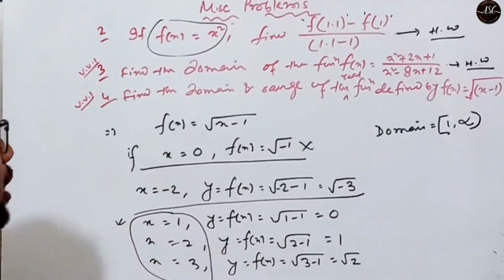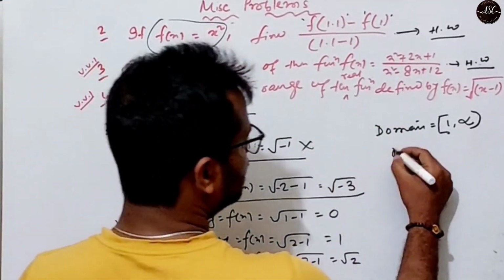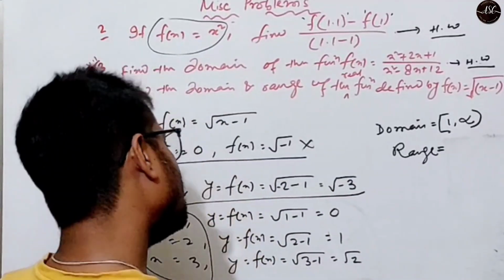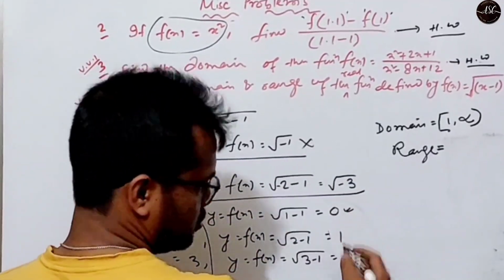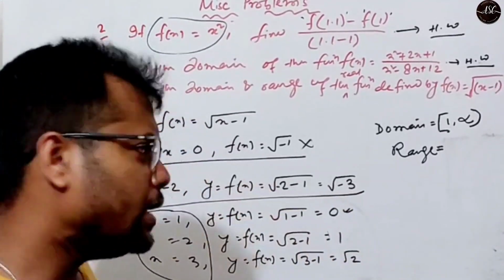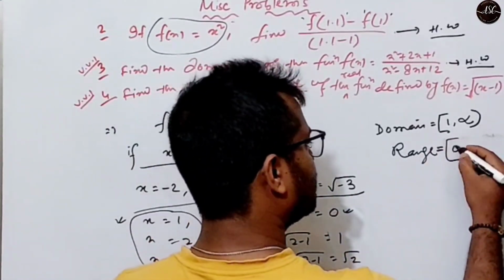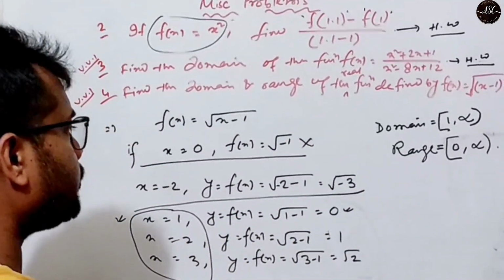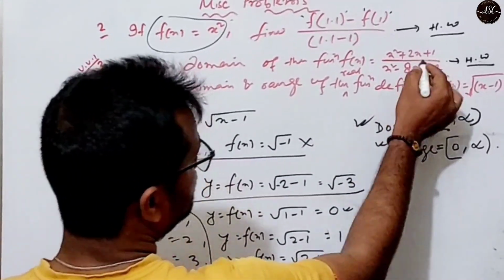Okay. This will be the domain. And what will be the range? Range will be the value of y. That means here we see from 0. The value of y would be from 0 up to infinity. That means range will be within third bracket 0 comma up to infinity within first bracket. Okay. These two will be the domain and range of the above function.